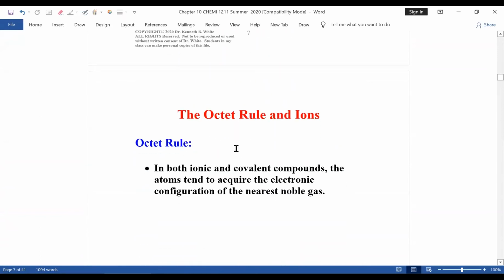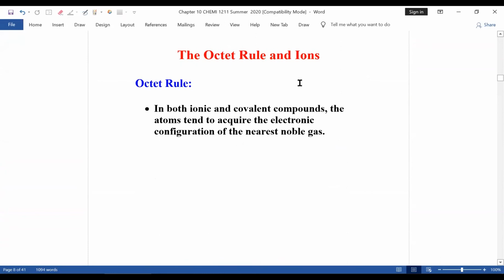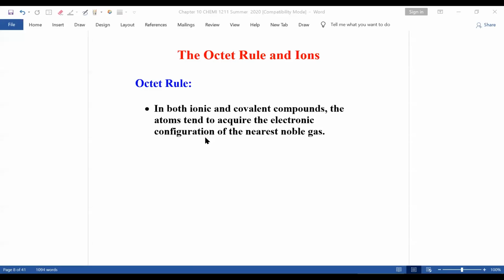All right, now there's something I'm turning the switch off for next 2 slides. Click. Will I ever ask on a test what's the octet rule? No, but you should be familiar with it. The octet rule is, in both ionic and covalent compounds, atoms tend to acquire the electron configuration of the nearest noble gas. I didn't call it inert gas.